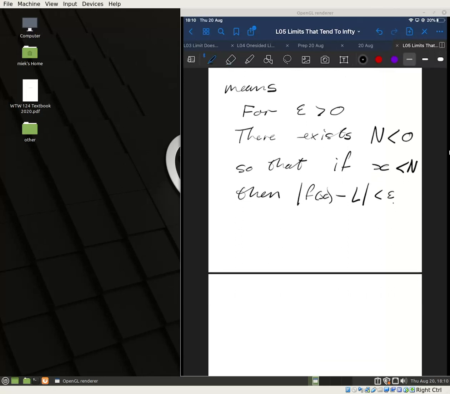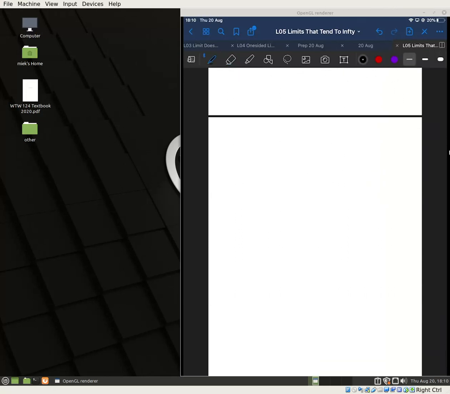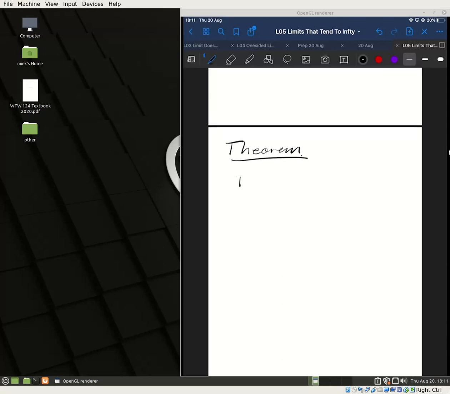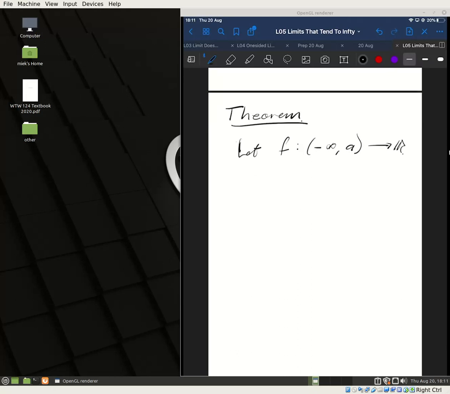And of course, as before, we can transform limits tending to minus infinity to limits tending to plus infinity. This is in effect reflecting around the y-axis. So if you have some function defined on an interval from minus infinity to a, the following are equivalent.